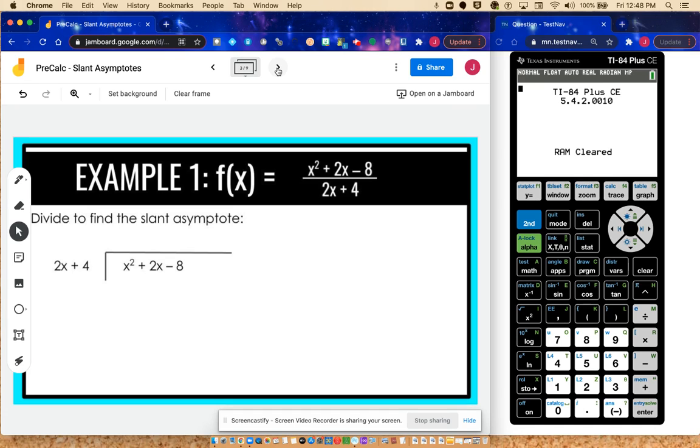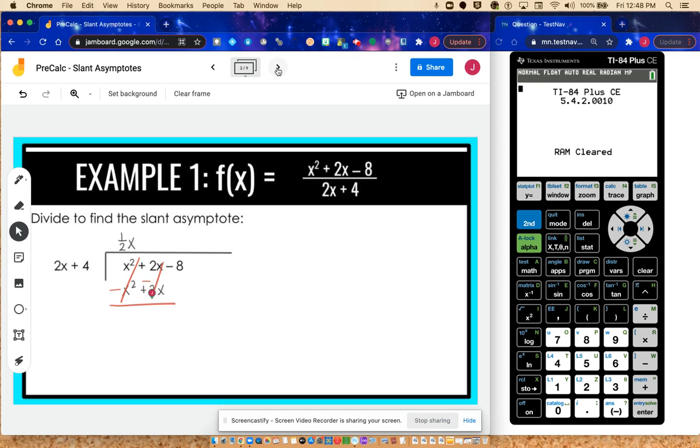So as we divide here, we have 2x. In order to turn that into x squared, we'll have to multiply by 1/2 x. When we multiply, that's going to give us x squared plus 2x. All right. Then we're going to subtract, and when we subtract, we change both signs.